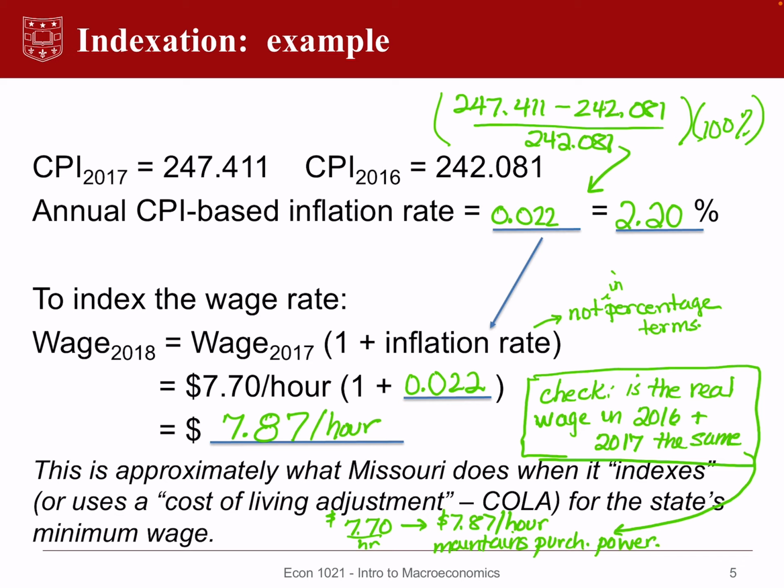So if the nominal wage rises from $7.70 per hour to $7.87 per hour, that 2.2% increase ensures that what you could buy with $7.70 is the same as what you can buy in 2017 with this $7.87.